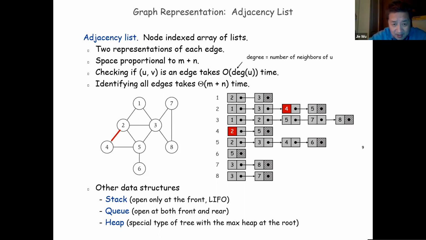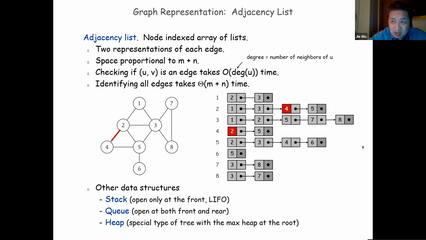And there are several other data structures, but they are just special cases of a linked list. One is a stack. Stack means last in, first out. It means that whenever there's new data, you push the data in front, and we take the data also from the front.